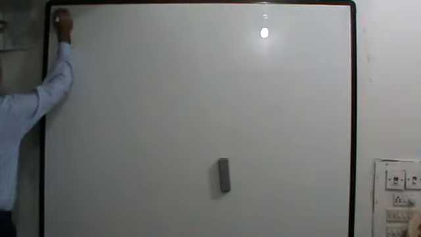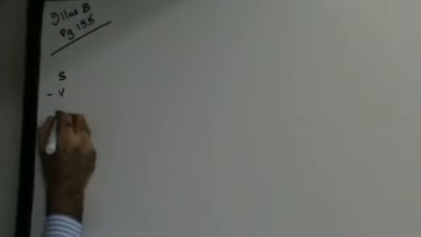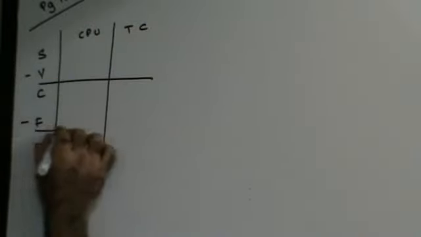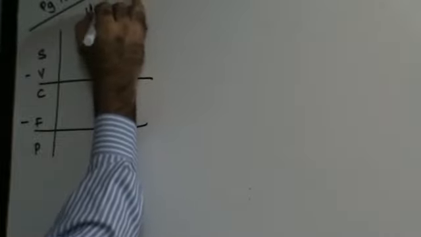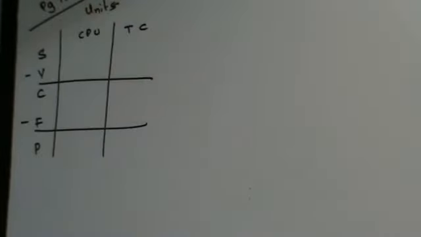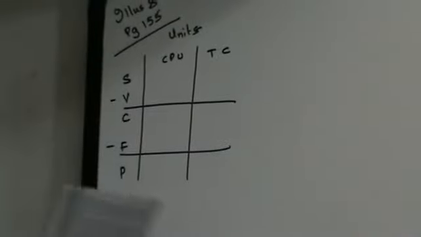Right? Let's see this. I'm seeing illustration 8 on page 155. First thing that you do is you make this table. Now, they said that from the following data, calculate the BEP.